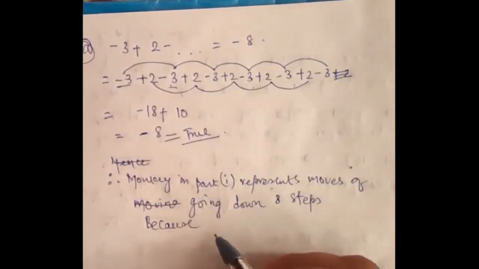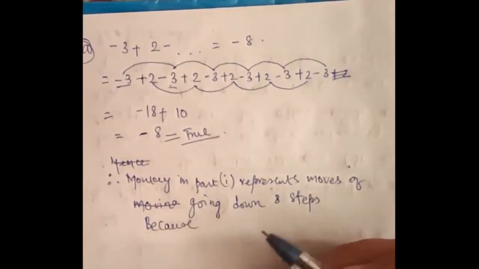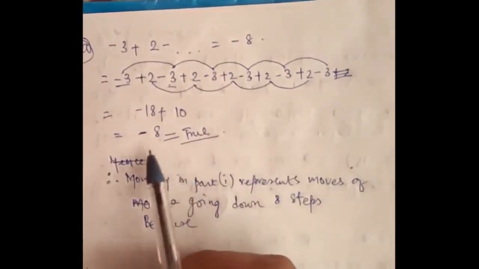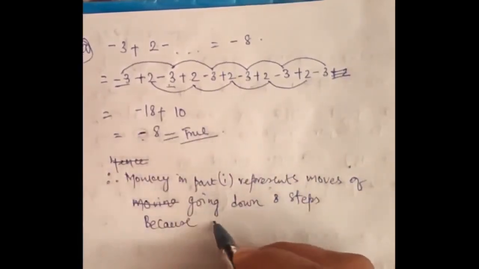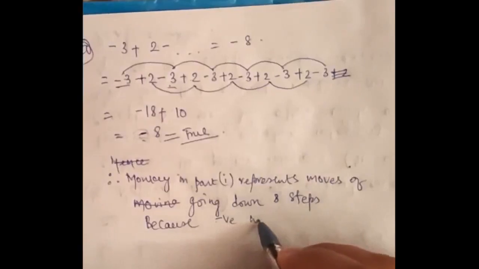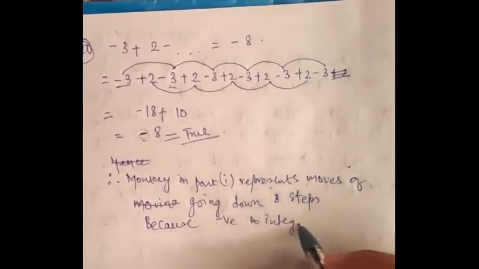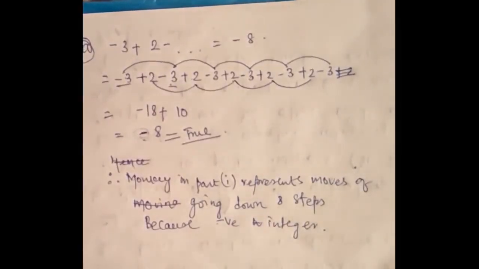We cannot say directly that it is moving down, because we have to prove it also. No, we have proved that. How? Because there is a negative integer here. Okay, I hope you are clear with this number A.